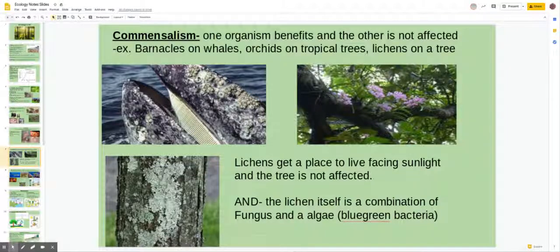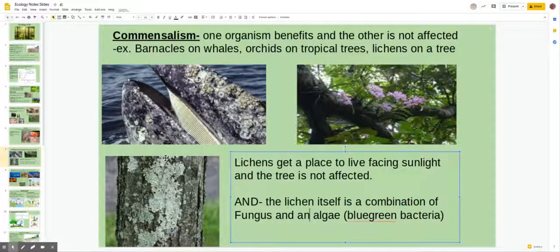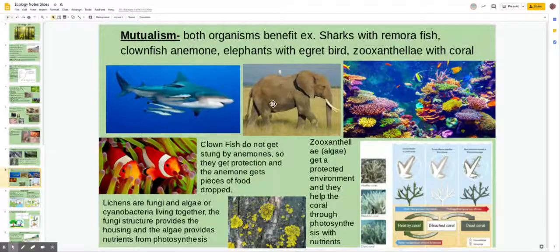Now, we are going to say the lichen itself is unique because it's a combination of a fungus and an algae. And this is going to come up in our next slide, because this is not a commensalist relationship, but this is what's known as a mutualist relationship.